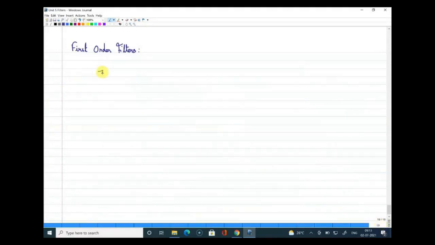So just to clarify, the first order filter will have a transfer function like H of s, and in general we write it as some alpha into s plus z1 divided by s plus p1, right?